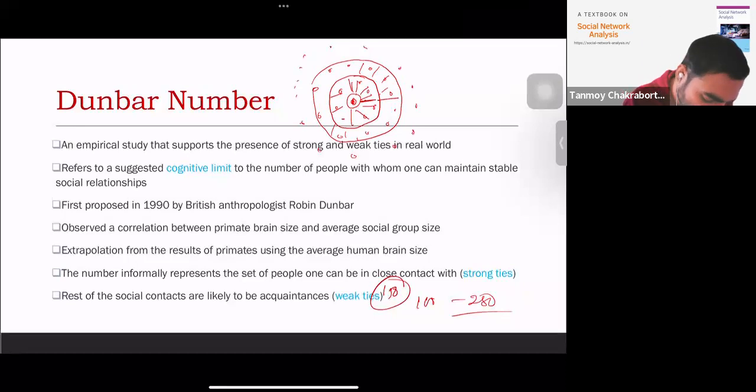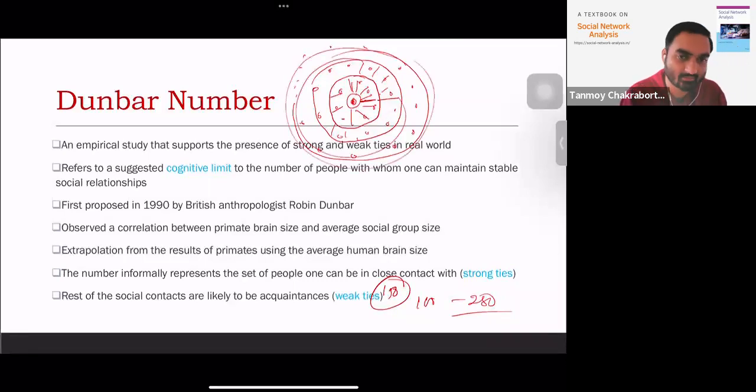He kept on grouping nodes into different circles, and it turned out that you can go up to 10 such circles. The innermost two or three circles constitute the nodes or friends which you remember, and that also correlates with human brain size. That was also shown in that experiment.